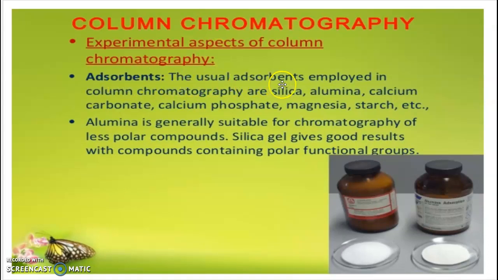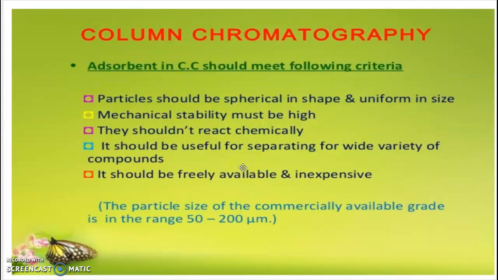The usual adsorbents employed in column chromatography are silica, alumina, calcium carbonate, calcium phosphate, magnesia, starch, etc. Alumina is generally suitable for chromatography of less polar compounds, whereas silica gel gives good results with compounds containing polar functional groups.